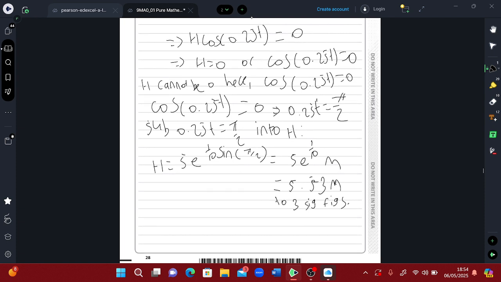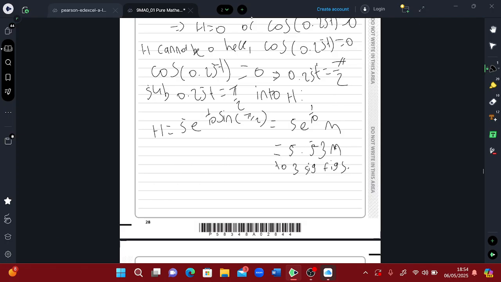Well, actually, let's just spot another way. If you can observe what the function is, we got down in part A, what was it? 5e to the 10th sine 0.25t. Now we can work out the maximum of a function by considering what the maximum of all the individual functions are.